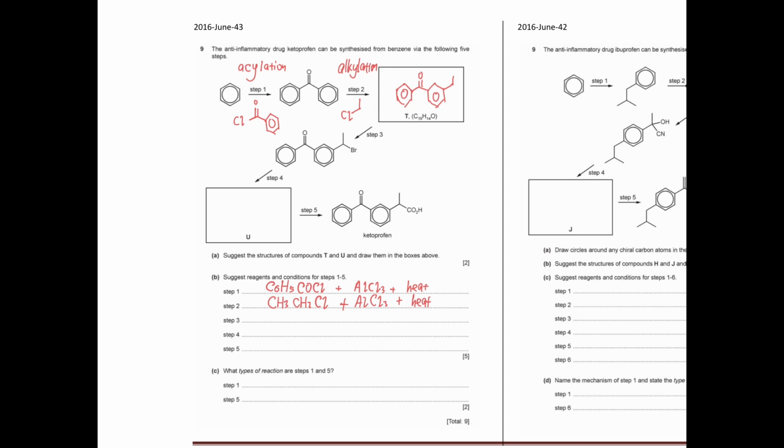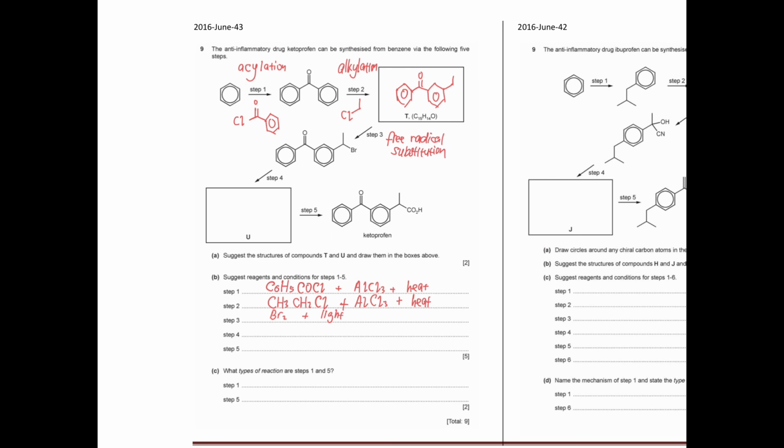Let me write it down first: free radical substitution. So we have to add bromine, Br2, plus light, or you can write UV light. It's up to you. That is step 3.